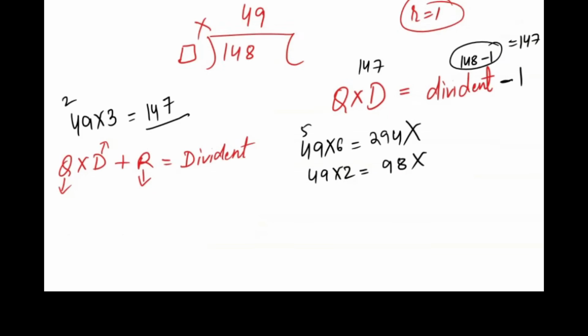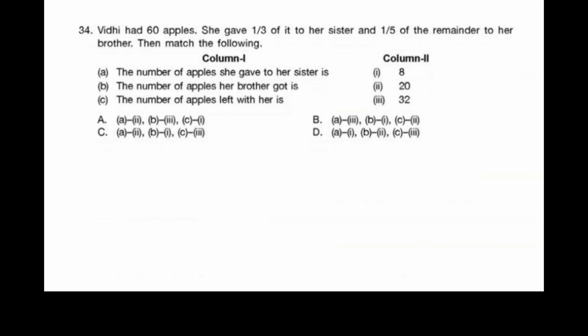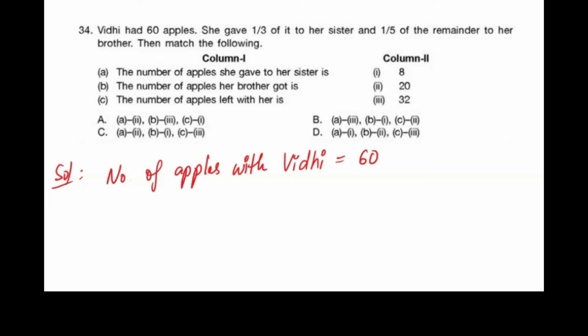Next question is question number 34. Vidhi had 60 apples. Okay, let's solve. Number of apples with Vidhi is 60. She gave 1/3.